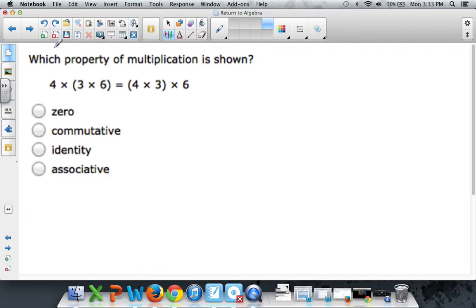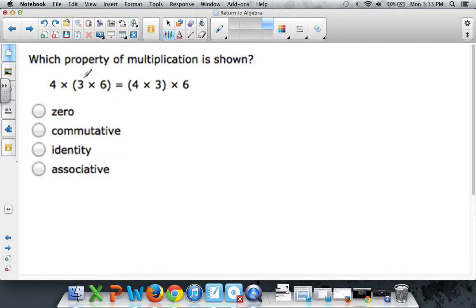Which property of multiplication is shown? Yeah, there are so many properties of multiplication, but don't worry, this one's not so bad. When you see something with parentheses that would be almost the same without the parentheses, use your imagination. Pretend that parentheses are not there. You'd have 4 times 3 times 6 equals 4 times 3 times 6.